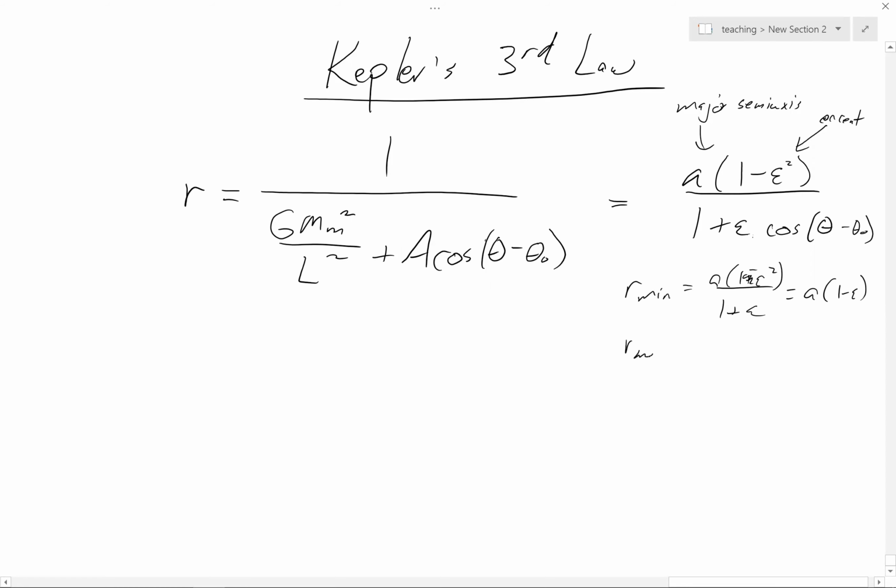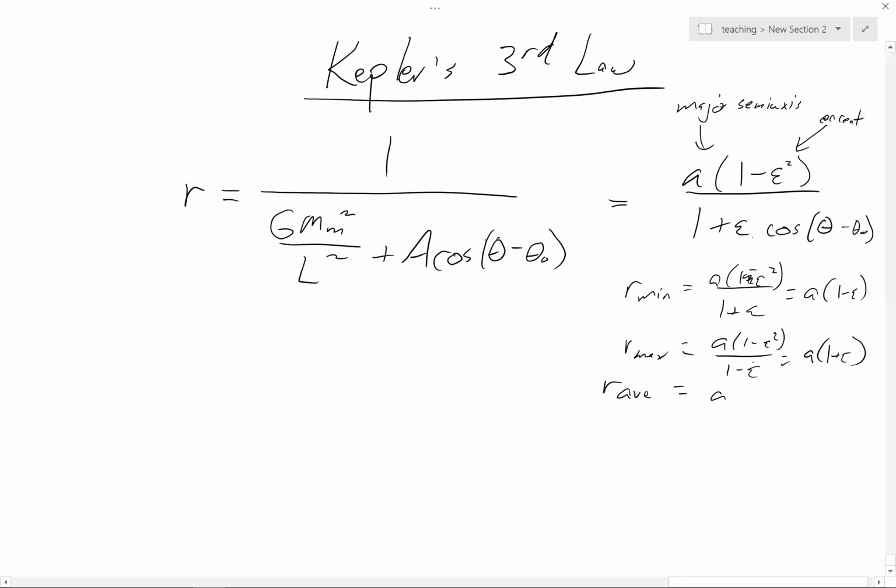Same thing, the max value would be when this cosine is negative 1. I'd have (1 minus epsilon squared) over (1 minus epsilon), so I have a times (1 plus epsilon). And sure enough, the major semi-axis is just the average of those two, which I definitely get as a.